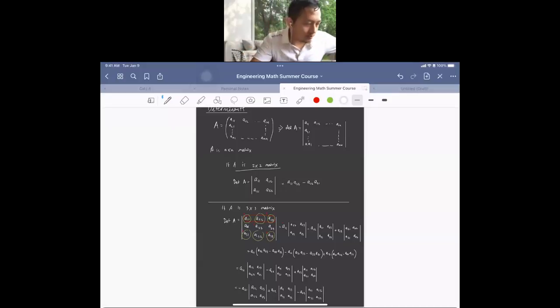Since we are already in matrices, my goal is to give you the idea of eigenvalues and eigenvectors. If we do not have much time for orthogonalization and diagonalization, that's okay, as long as I can give you the idea of eigenvalues and eigenvectors. After the matrices, we have vector calculus. We will start vector calculus with curl, divergence, and line integrals.